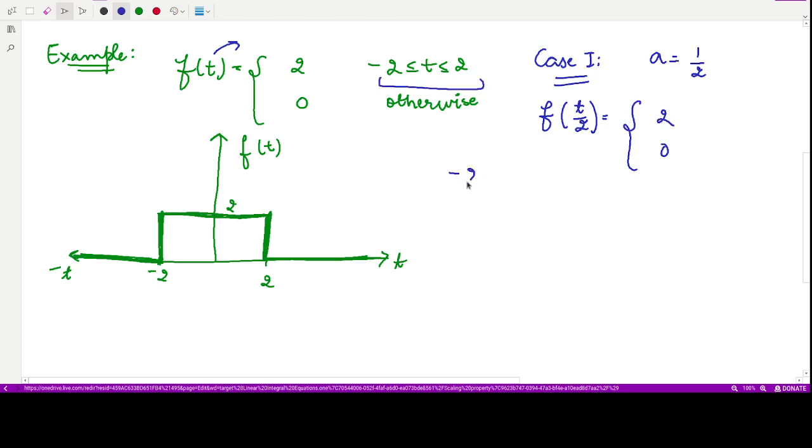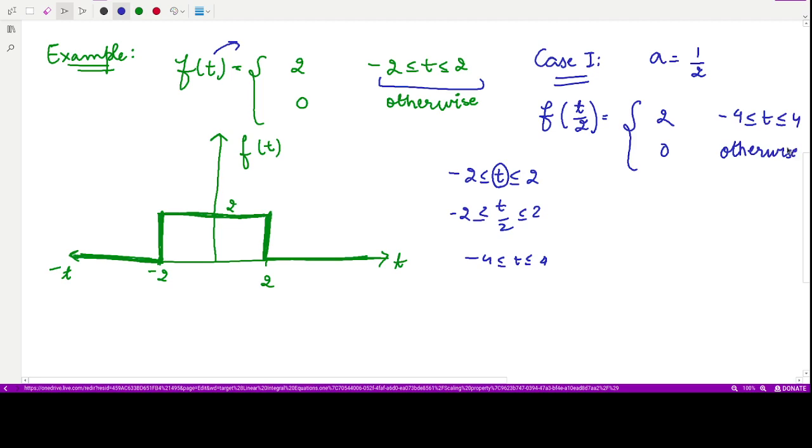Instead of -2 to 2, instead of t, we now have t by 2. So this would be your interval. When you remove this 2 from here, you have -4 to 4. So your interval now changes from -4 to 4 and it is 0 otherwise.